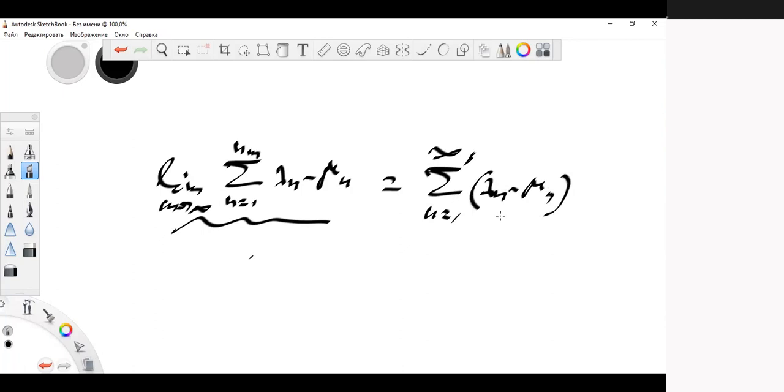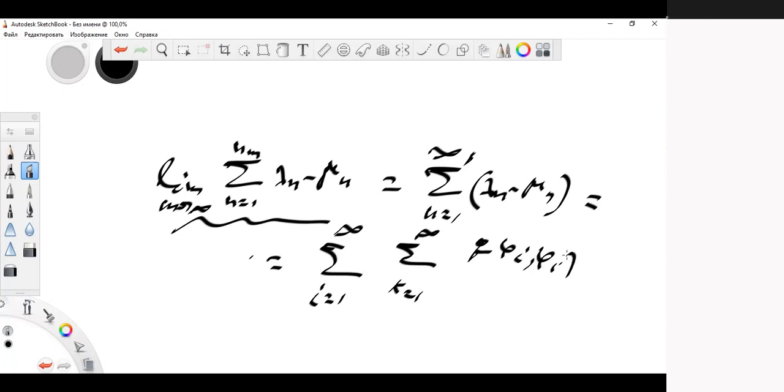Okay. In that work, when evaluating, they come to the next one. They see that it equals the next sum, i from 1 till infinity and k from 1 till infinity, of q over phi i, like that, integral from 0 till pi times cosine kx dx.